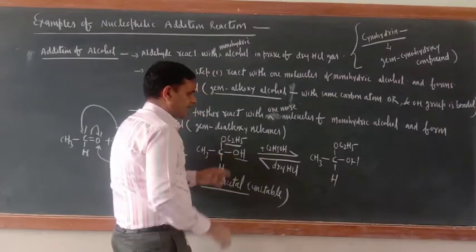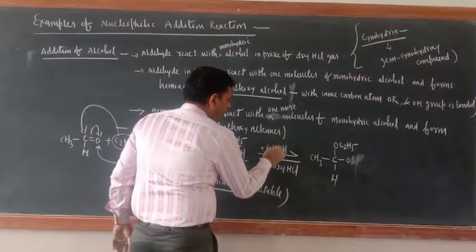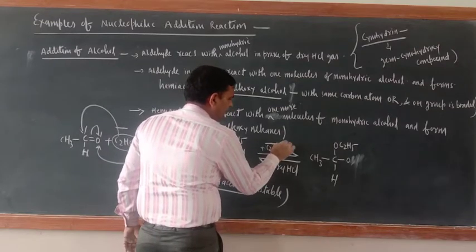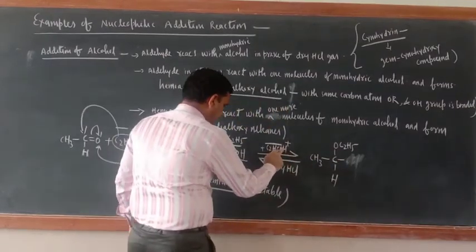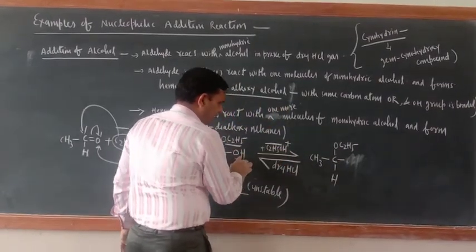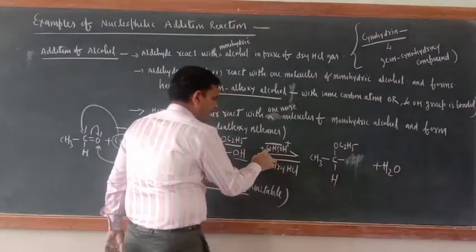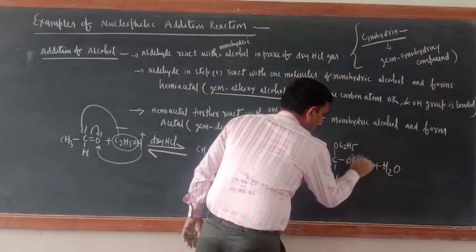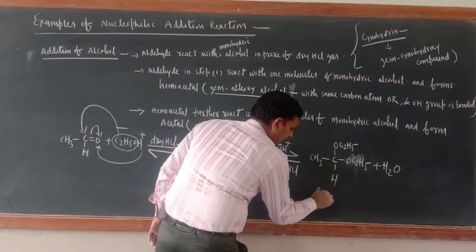So this time again, OC2H5 is the negative part, H is the positive part. So this H and OH will come out as a water molecule. What is left here? C2H5O. So OC2H5 will be bonded here. Now this compound is known as acetal.